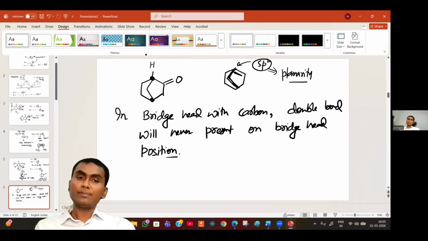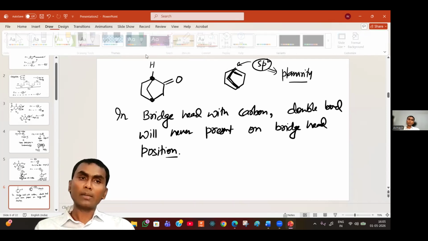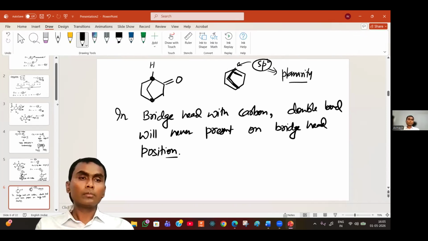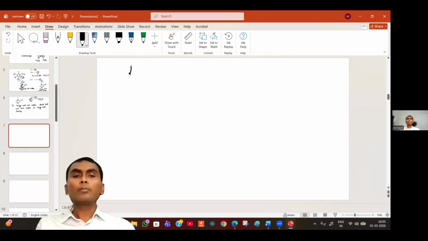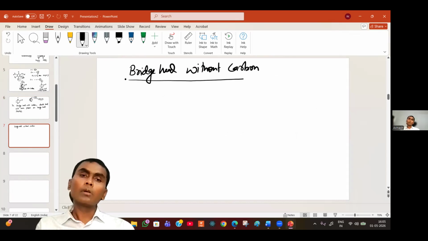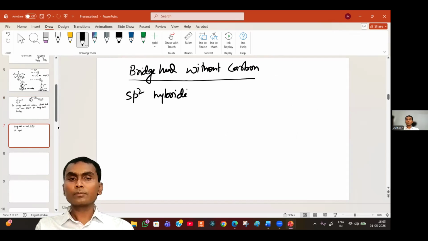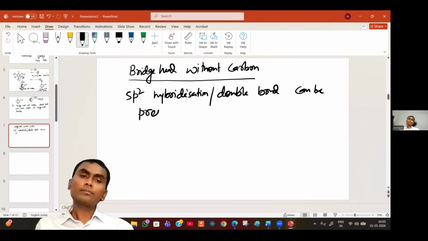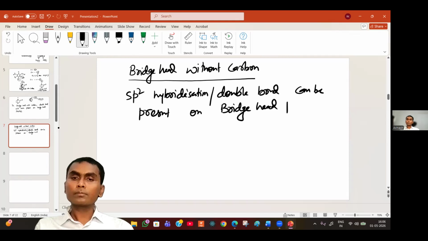But in bridgehead without carbon, sp2 hybridization or double bond can be present on the bridgehead position, like this one.